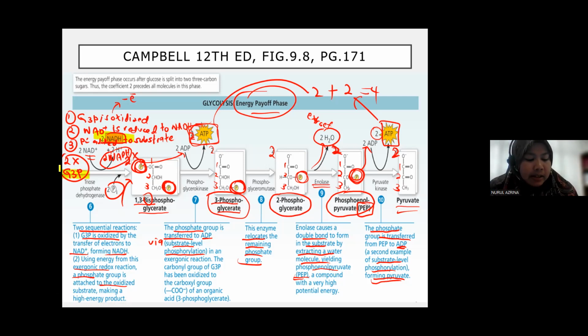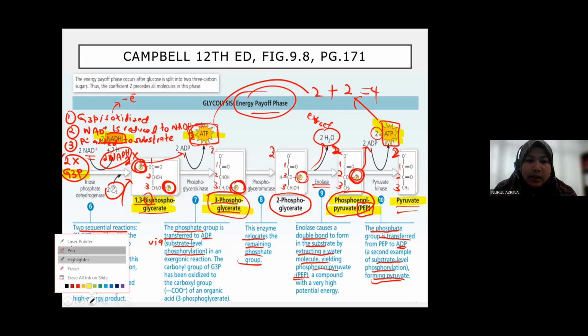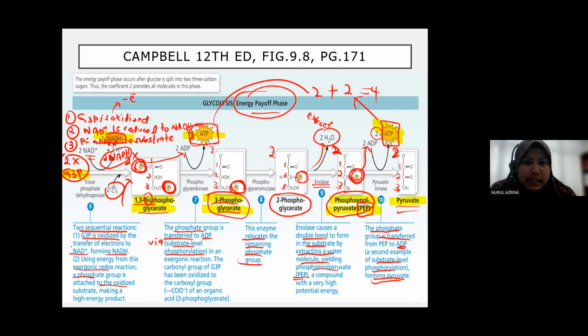From G3P, G3P to be converted into 1,3-bisphosphoglycerate. So kat mana ATP dihasilkan? Between 1,3-bisphosphoglycerate and 3-phosphoglycerate here. And lagi satu kat mana ATP terbentuk? Here between PEP and pyruvate. Okay, alright. So those are the key points that you have to understand about glycolysis.